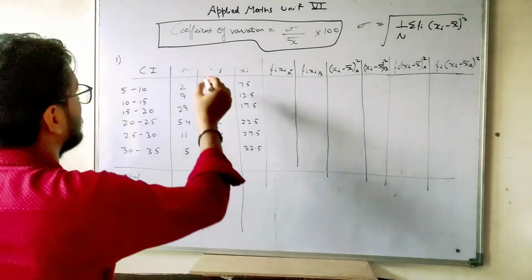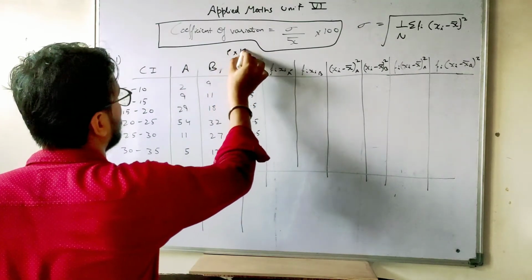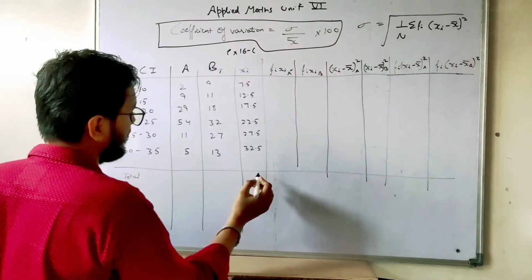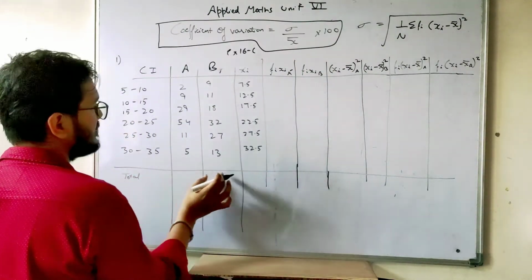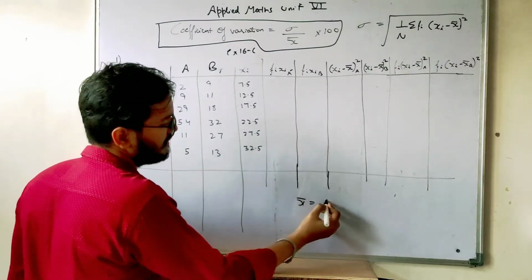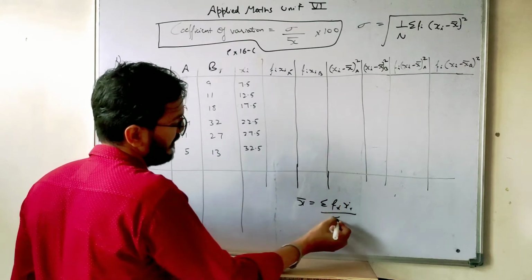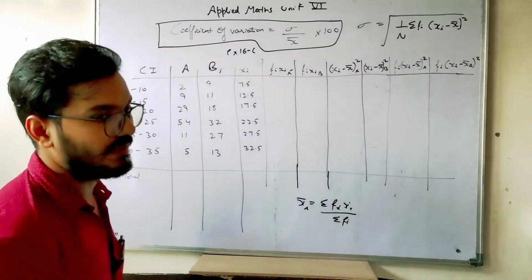Then just find the sum of them, find these sums and calculate the mean. Mean is equal to sigma Fi Xi upon sigma Fi. So calculate the mean for A and the mean for B.